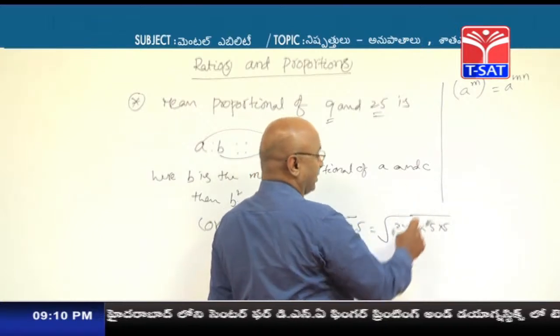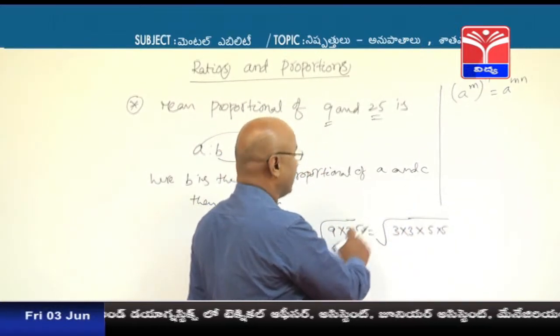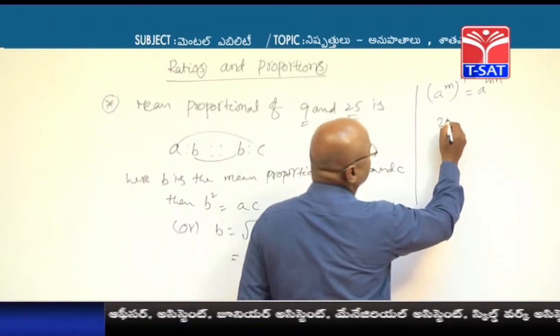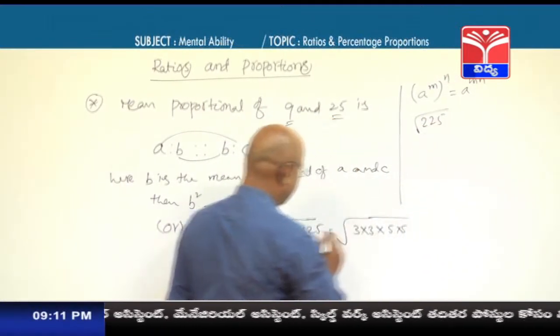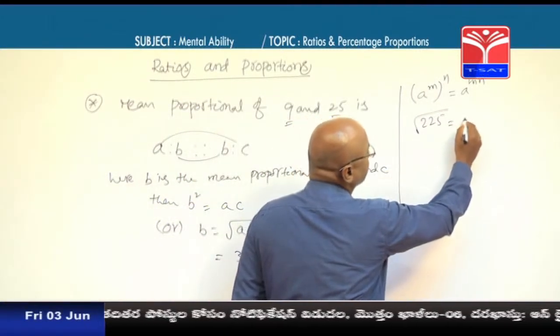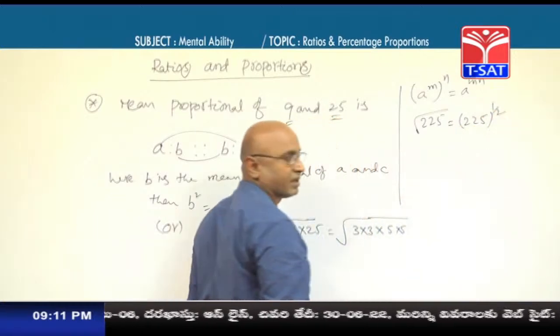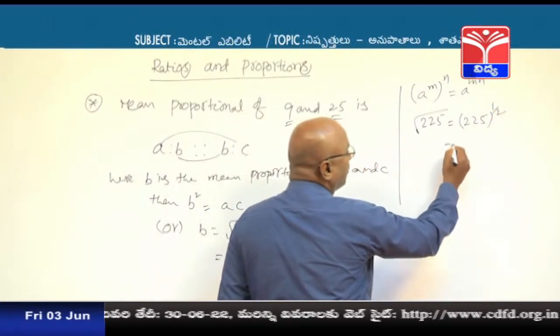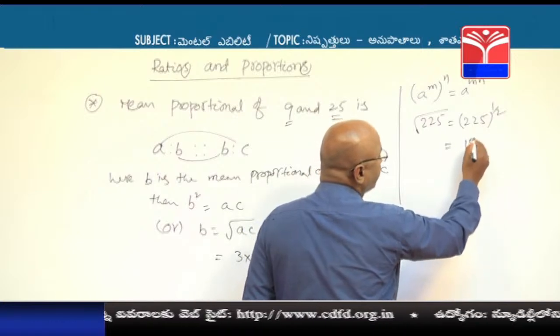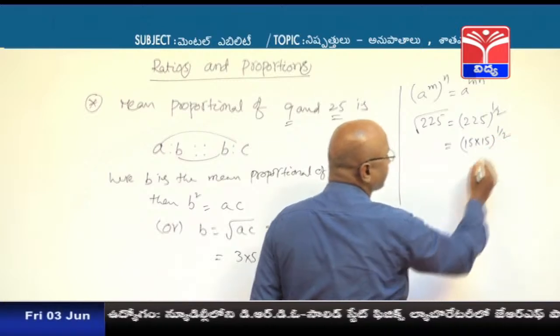Here square root of 9 into 25, it is 225. Root means 225 whole to the power of 1 by 2. Correct? Now 225 can be written as 15 into 15 whole to the power of 1 by 2.